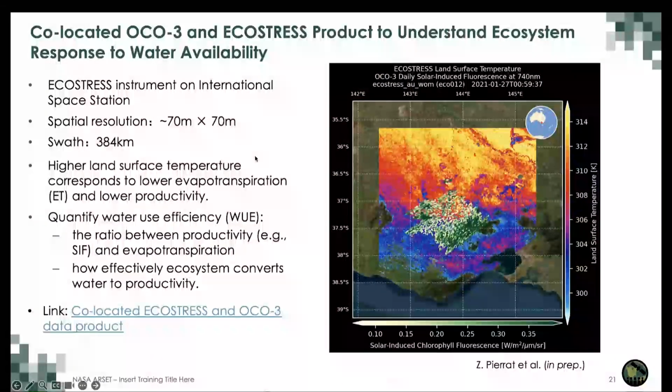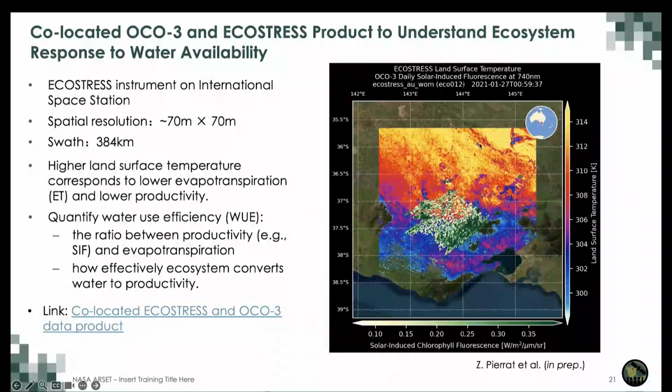I will give a brief introduction of the ECOSTRESS instrument. It has a spatial resolution of about 70 meters by 70 meters, so much higher spatial resolution than OCO-3, but it also has a very wide swath. The swath width is close to 400 kilometers.